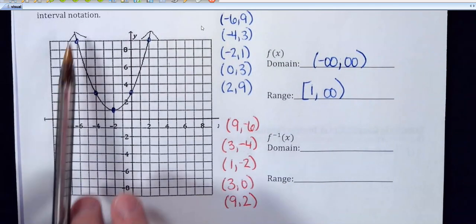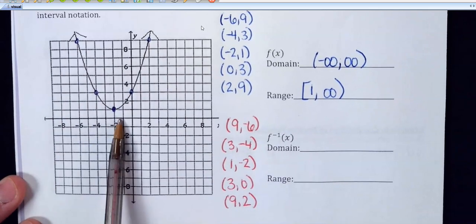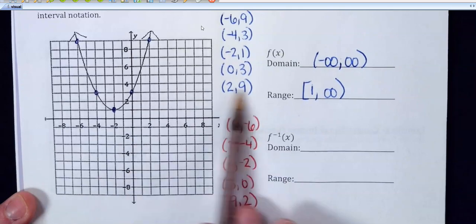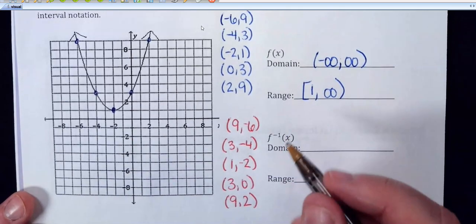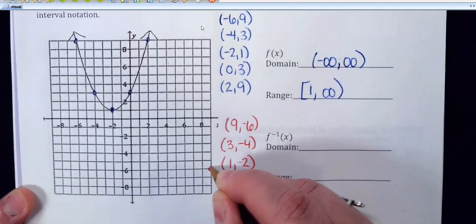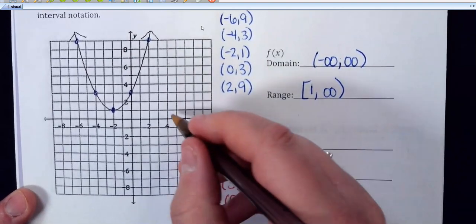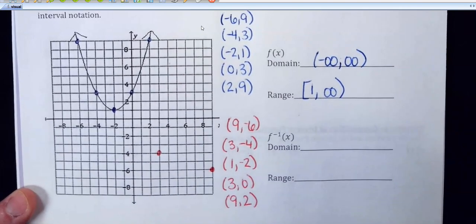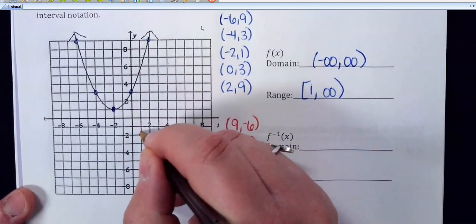So this is a quadratic here, right? This is a parabola. And what we're going to graph, you should see it. It should be like a sideways parabola when you start plotting these points. So let's see. If I do 9, -6, I've got 3, -4, 1, -2.